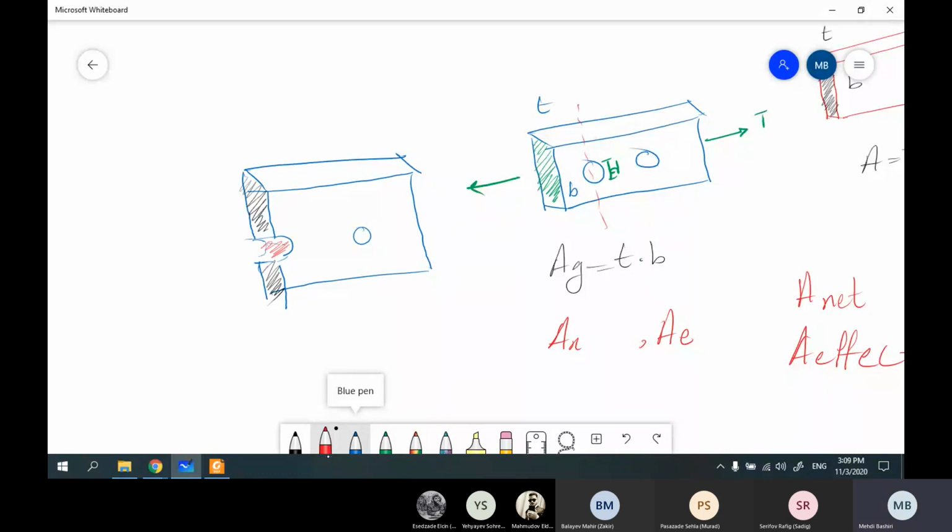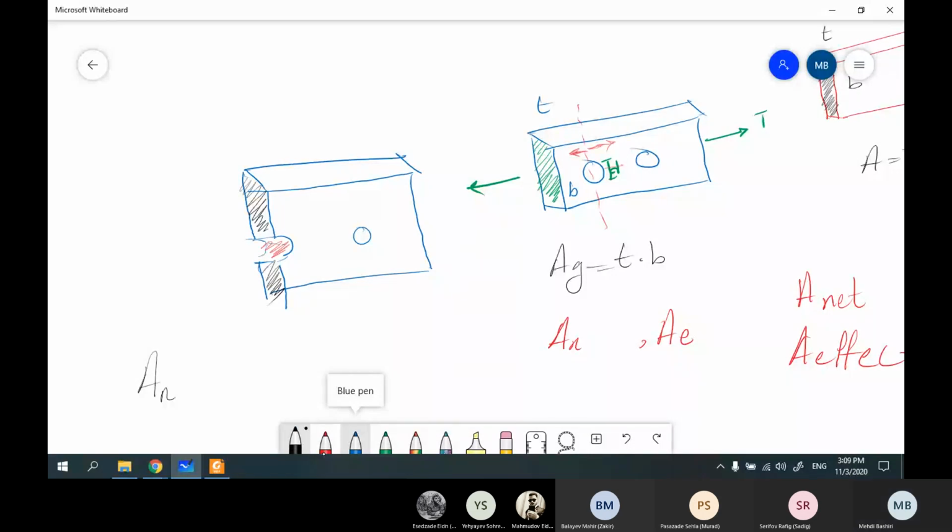When we want to find the capacity, for example, we have some reactions here. But in this case we don't have any reaction here. So we are not going to consider this part. And if we consider this black area, we show it with AN or net area.